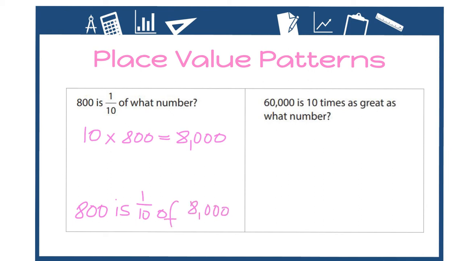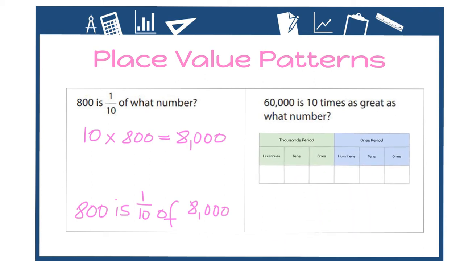Okay. So the second example, 60,000 is 10 times as great as what number? I'm going to bring the place value chart here. I'm going to place my 60,000 in my place value chart, and 60,000 has 4 zeros. Okay, and now we're looking for the number that is 10 times smaller than this, because this number 60,000 is 10 times greater than our missing number.